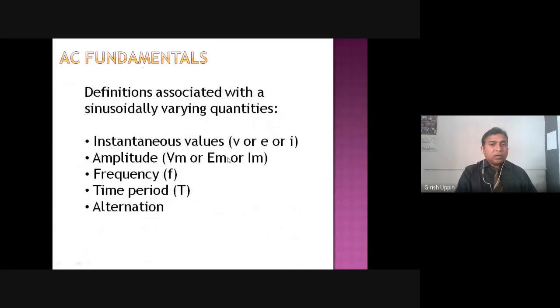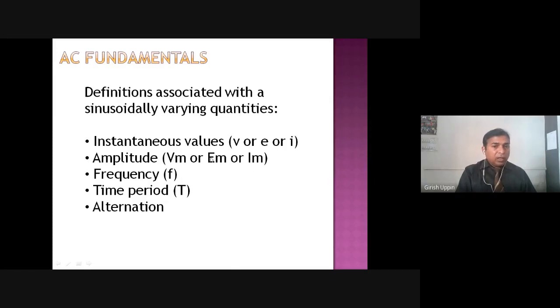For instantaneous values, you use lowercase v or lowercase e to represent the voltage and lowercase i to represent the current. And what is the amplitude? As we have already seen, amplitude is the peak value that the alternating quantity takes.